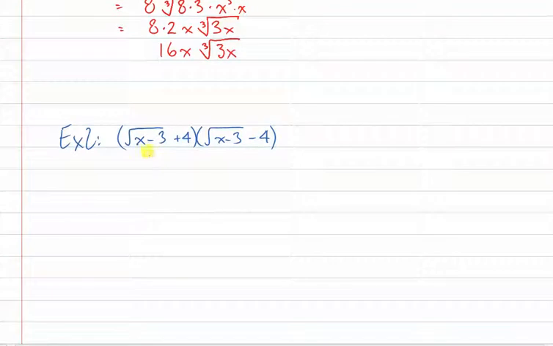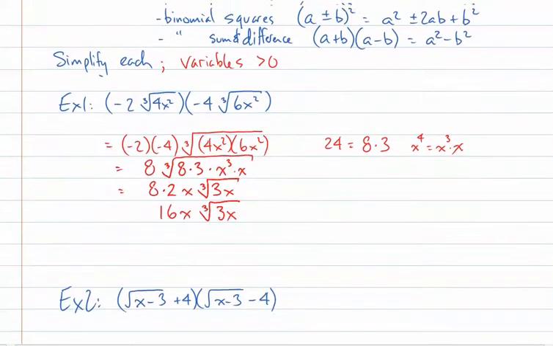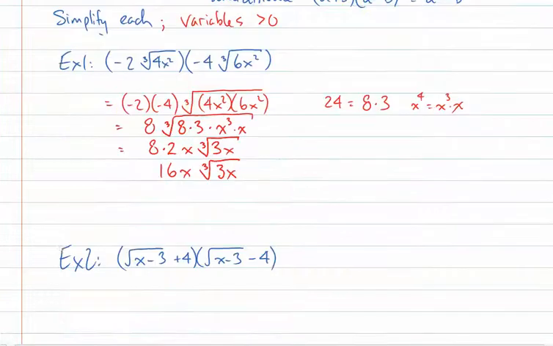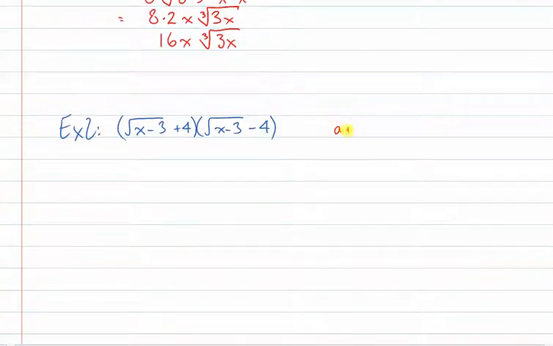All right, let's look at this case. Example 2. Now I've got a radical plus a value, a radical minus a value. If you look up above here, that's this sum and difference pattern. A plus b, a minus b. Let me rewrite that down here. I've got something of the form a plus b times an a minus b, which makes an a squared minus b squared. We want to take advantage of these shortcuts.